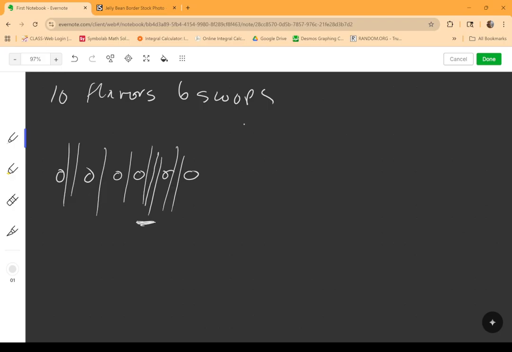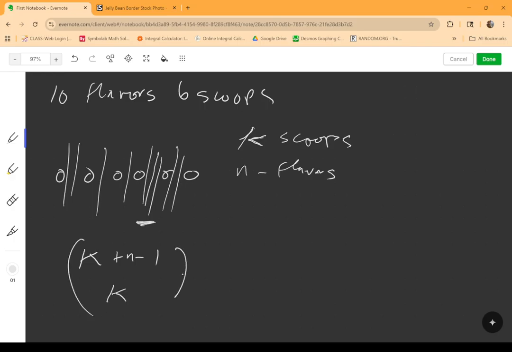Okay, so if we think of K being the scoops and the bins being the flavors, then in our formula we have (N, K) plus N minus 1, all over K. So that turns out to be 15 choose 6.